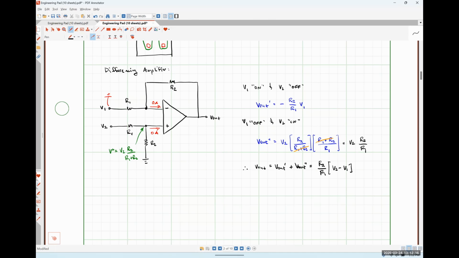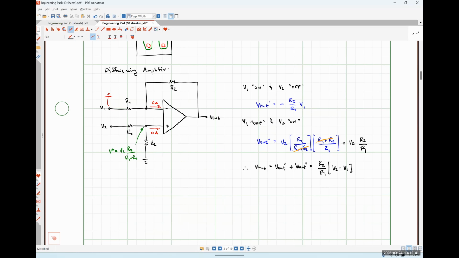Okay. So this is a differencing amplifier because it gives me a scaled representation of the difference of those two inputs. So it's taking the difference, V2 minus V1, and then scaling it by R2 over R1, where those resistors R2 need to be matched to each other perfectly, and those resistors R1 need to be matched to each other perfectly.